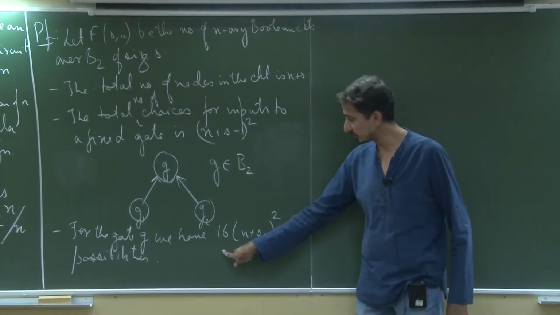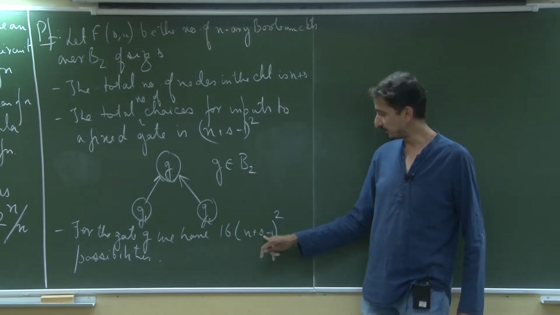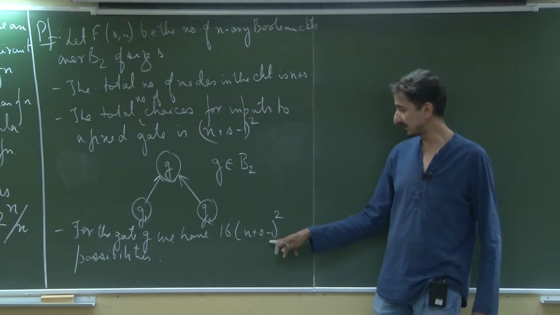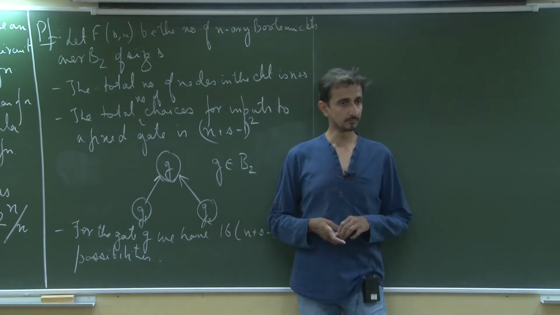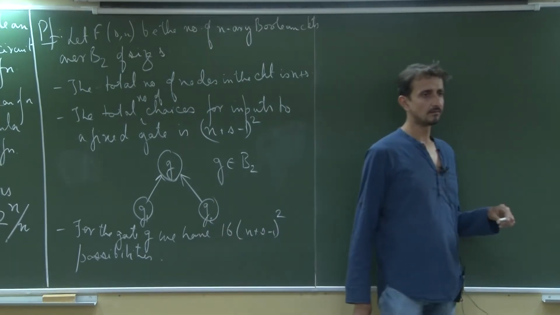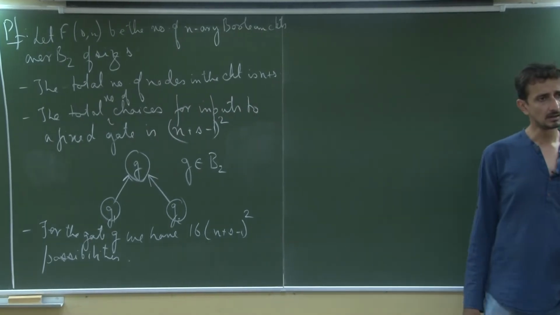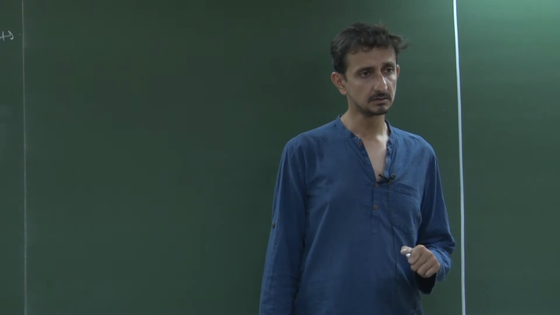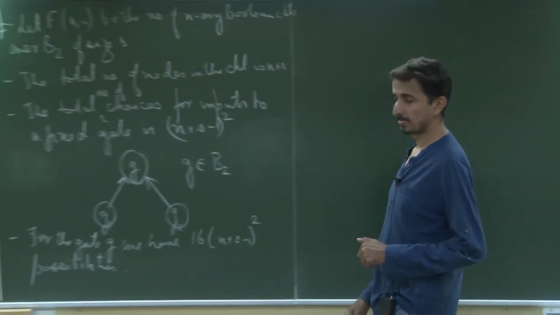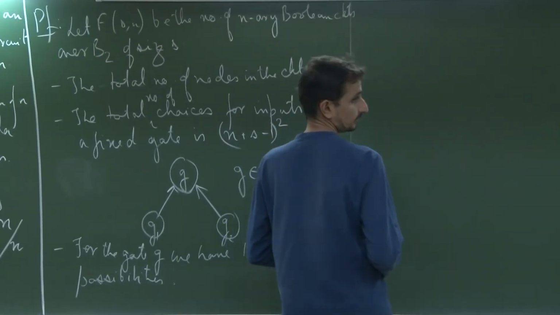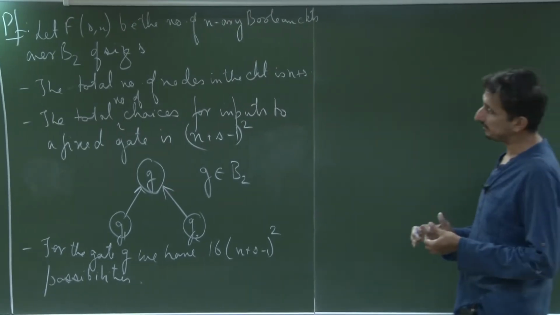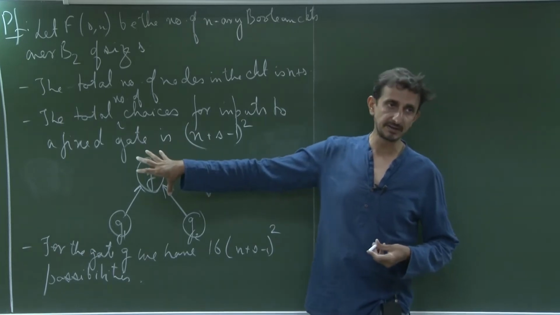So, there are 16 choices for G, there are n plus s minus 1 choices for G1, and there are n plus s minus 1 choices for G2. So this is for one particular gate, right.